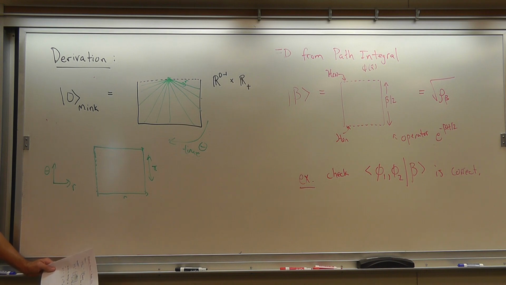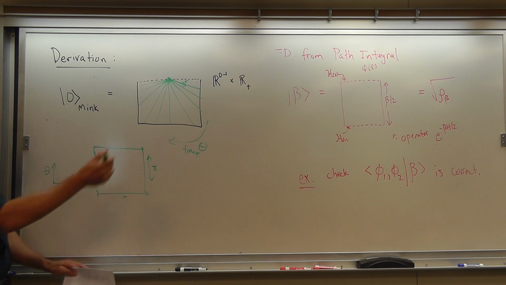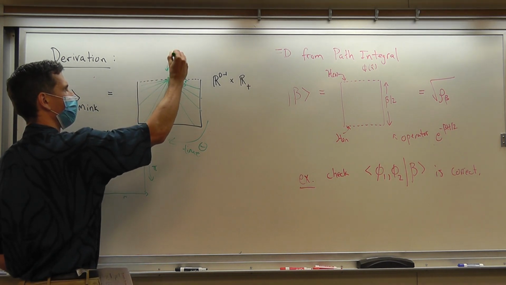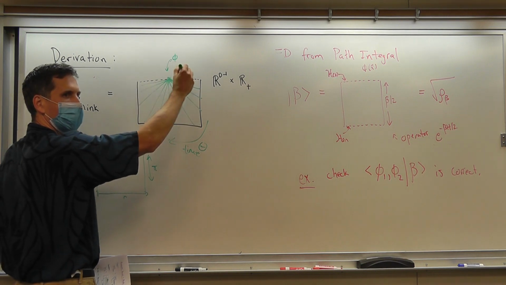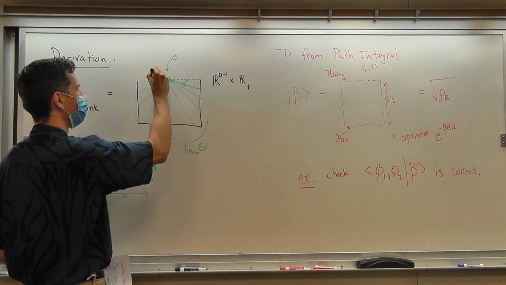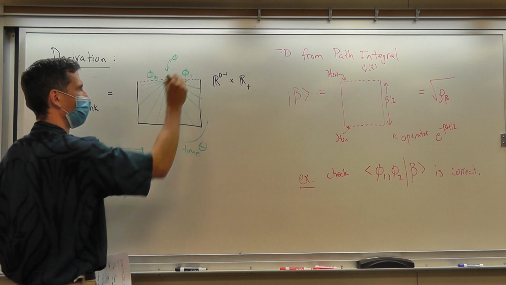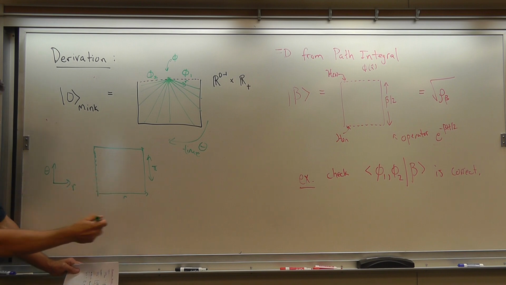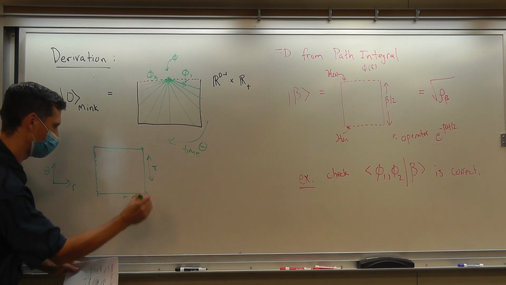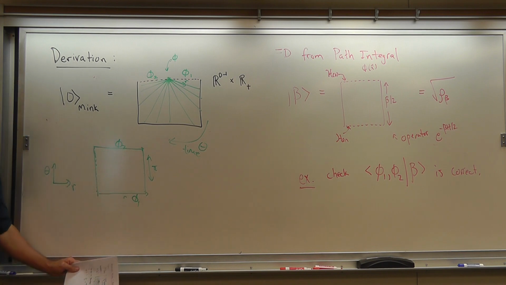And when we use this path integral picture to calculate matrix elements, what do we do? We insert some field data on this cut up here, which I can think of as being a phi 2 on the left and a phi 1 on the right. If we draw that on the theta r plane, that means we're putting a phi 1 down here, phi 2 up there.